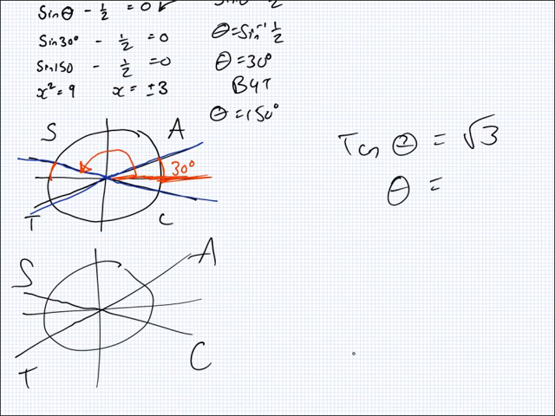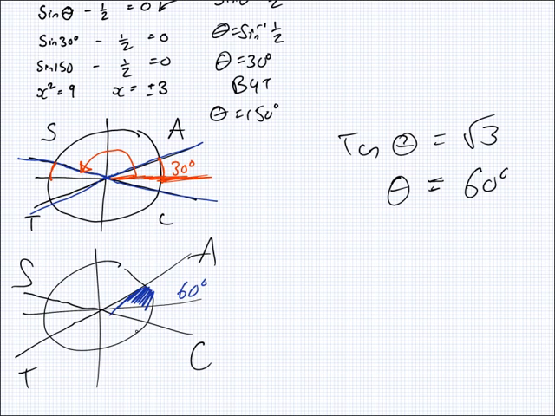So what does theta equal? Tan inverse root 3. What do we get? 60. So what we're saying is that this angle here is 60.